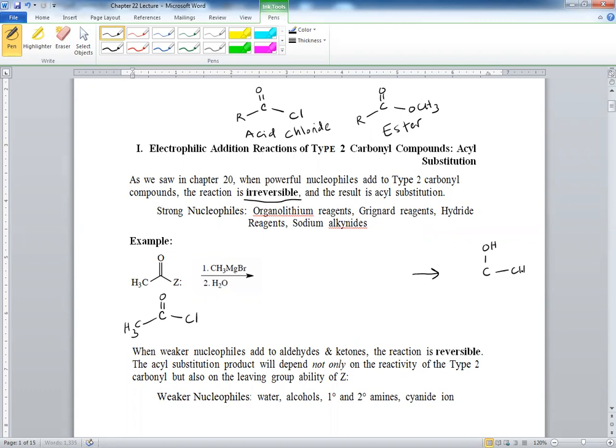So if you recall, this is from Chapter 20. In between, the ketone was formed, but because we have a powerful nucleophile, the reaction kept going.